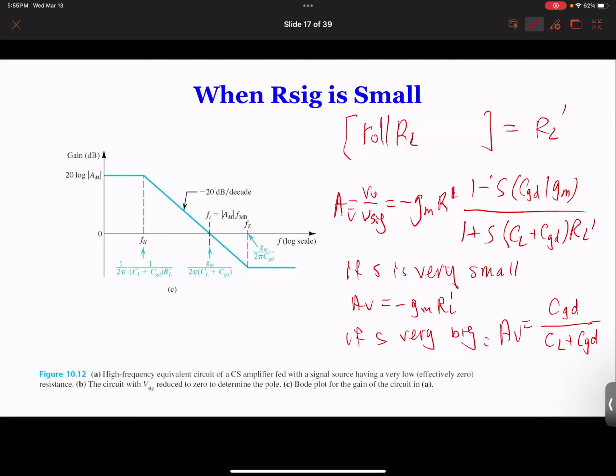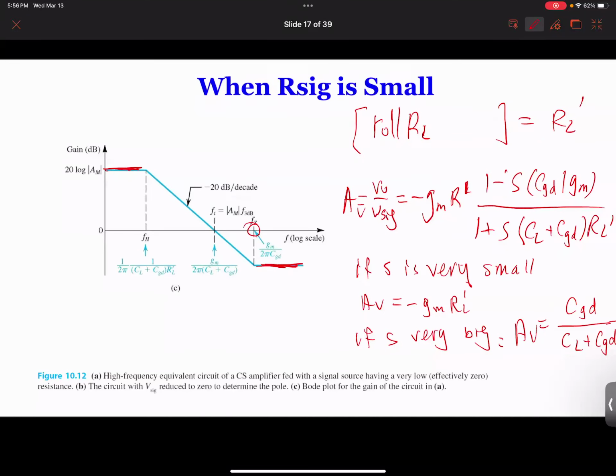So you probably notice that if s is very small, you got a constant. If s is very big, you also got a constant. That's why we have this plot that is constant and constant. And these two frequencies here, this is your pole, and this is your zero.